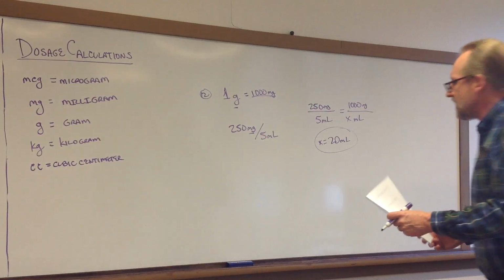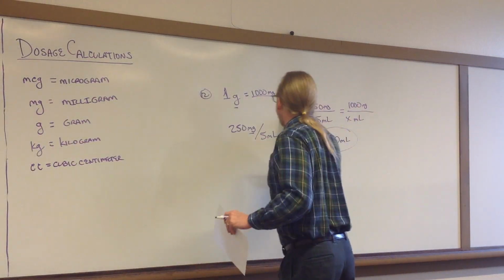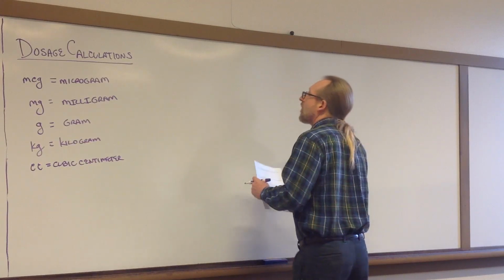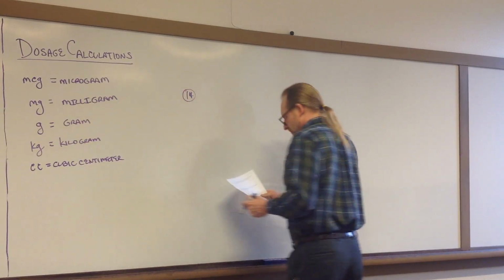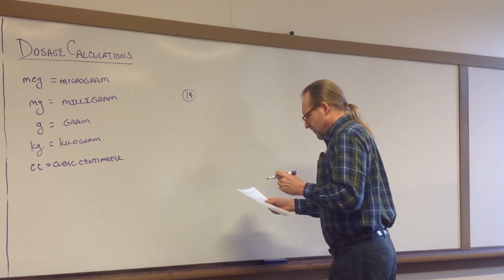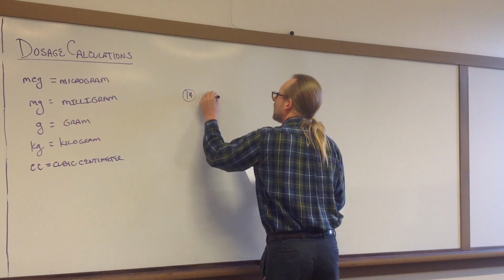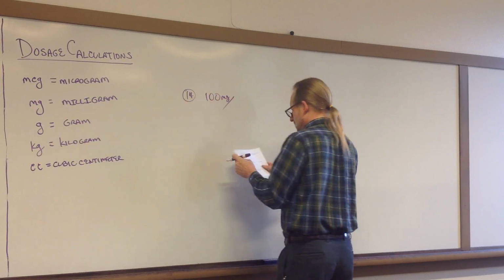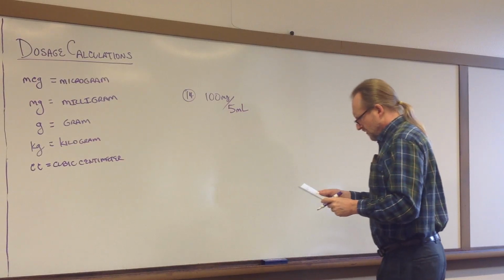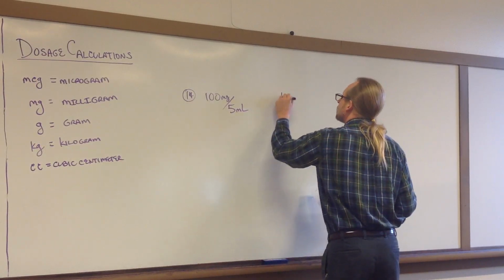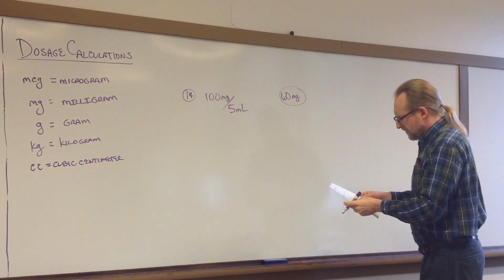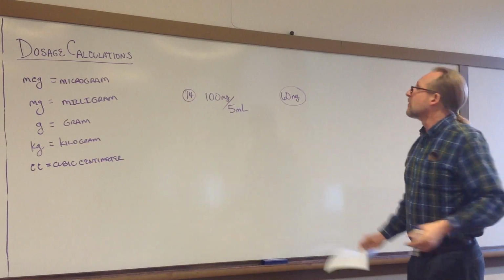Problem 14. Let's see here. Problem 14. Or more concentrate, 100 milligrams in 5 milliliters is used to give a dose of 60 milligrams for breakthrough pain. How many milliliters will we need?